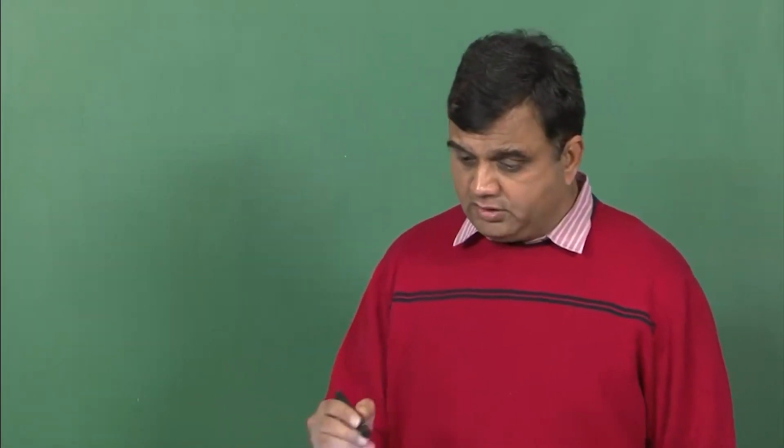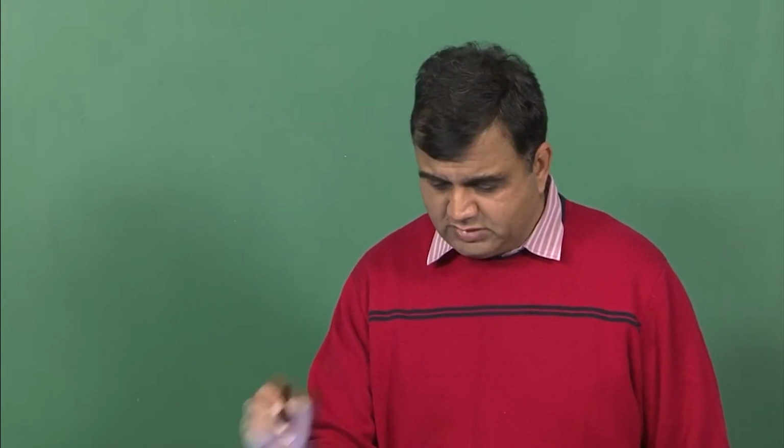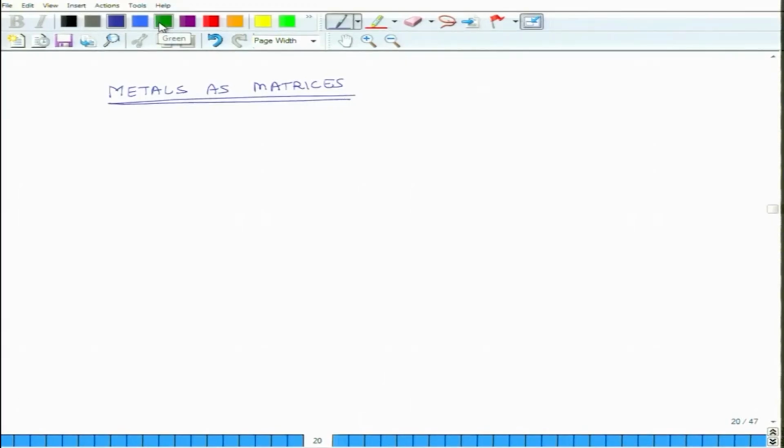So, why do we want to use metals as matrices? So, let us look at some of the important reasons. Strength. If we want to make things much more strong, plastics, they cannot provide a lot of strength by themselves. We have to only rely on fibers, but metals as matrices, they can provide a lot of strength.